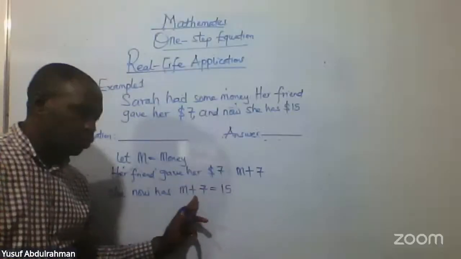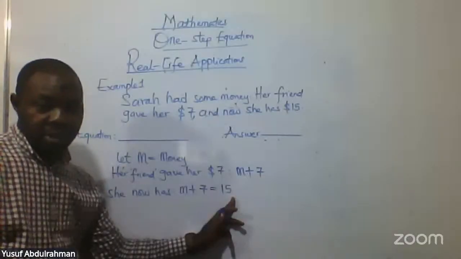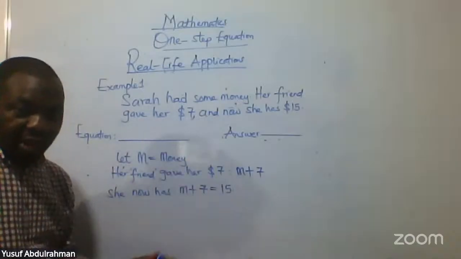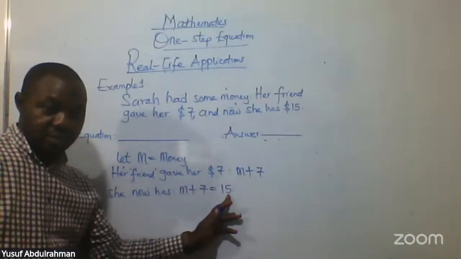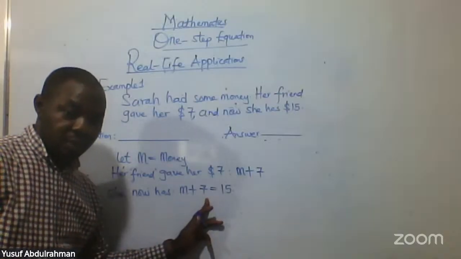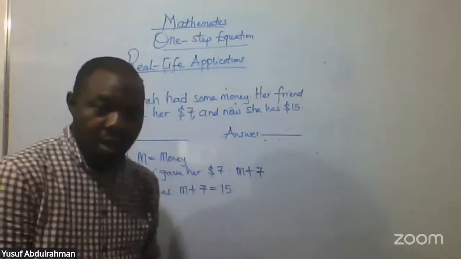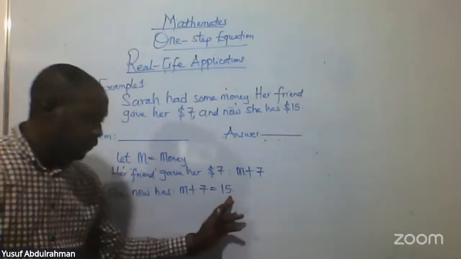So that means when $7 is added to what she had, the total now became 15. Do you understand? Everything she has now became 15. She had $10. Our friend gave her $7. And when our friend gave her $7, the total amount became $15.